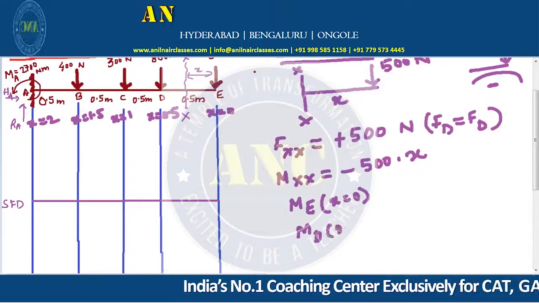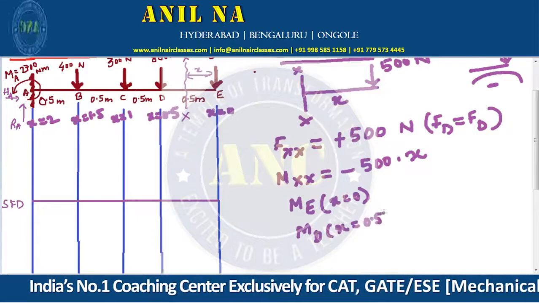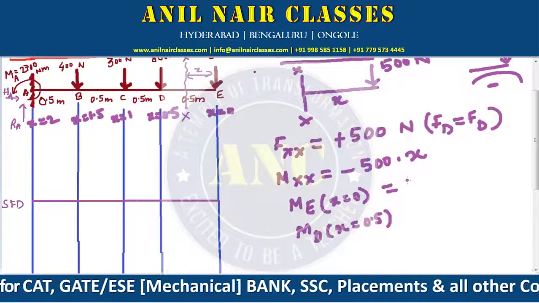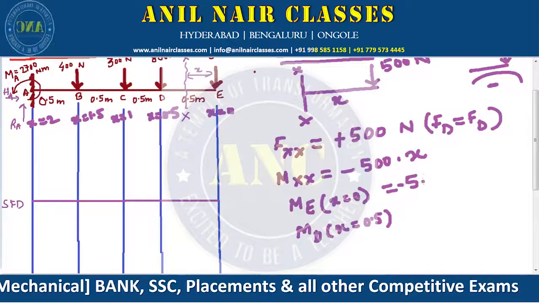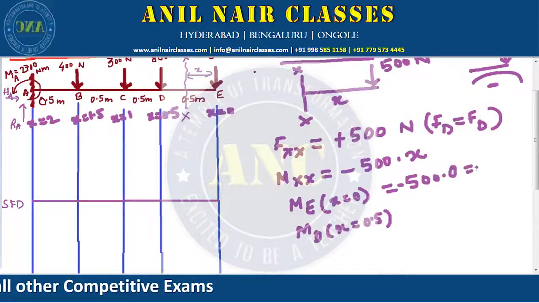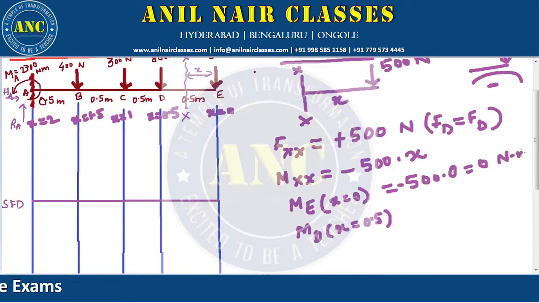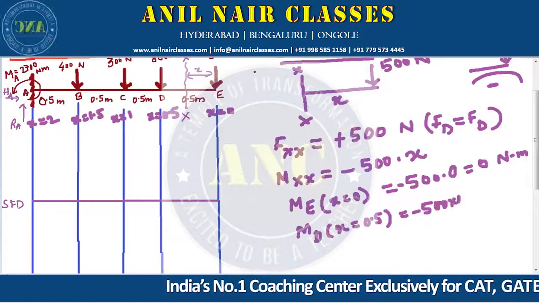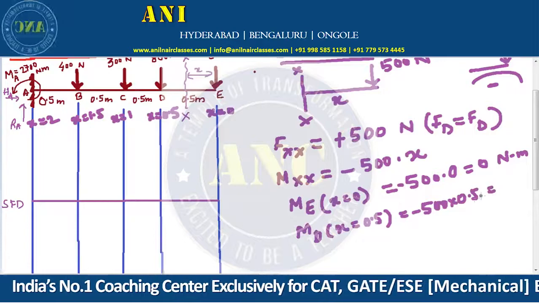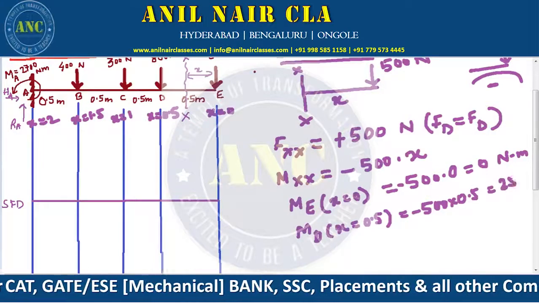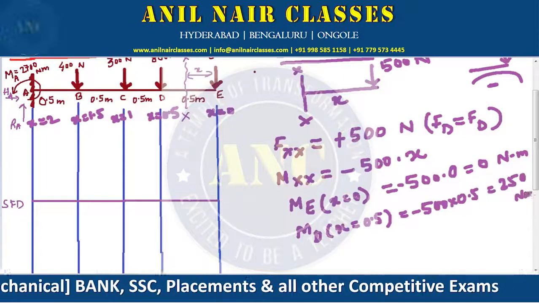Moment at D, what is the value of X? X equal to 0.5. So when 0 is multiplied with this, minus 500 into 0 is what? 0. So 0 Newton meter. Similarly here, when I multiply 0.5 with 500, what does it give? Half of 500 is 250. So this is 250 Newton meter.